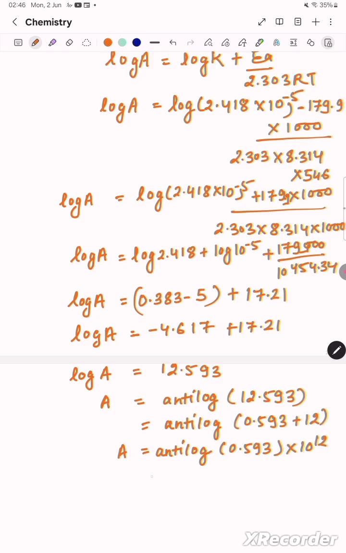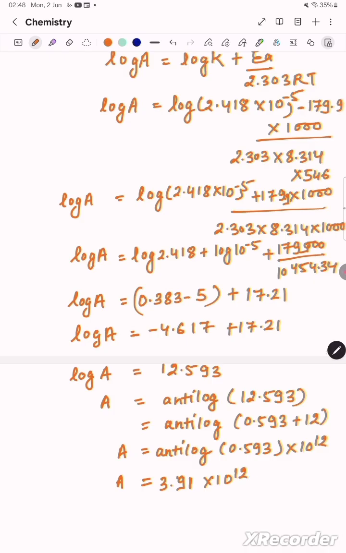Now we calculate the value of antilog of 0.593. After calculating, we get the value 3.91 multiplied by 10 to the power 12.